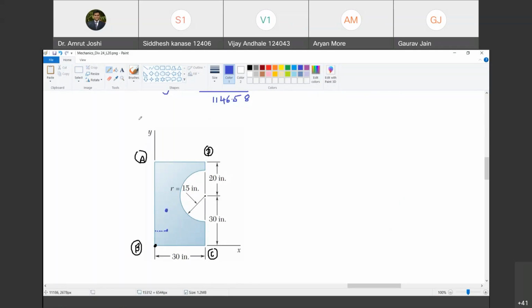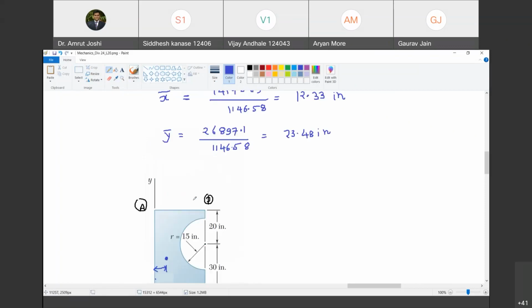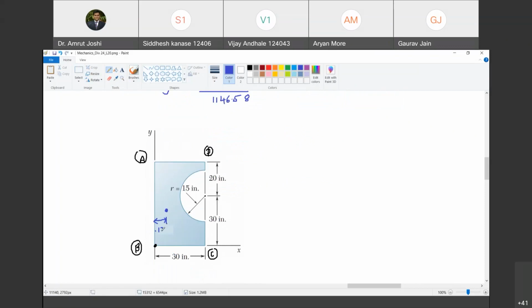This is the location of the centroid. Let me mark these distances here. How much is this distance? 12.33. And how much is this distance? 23.48.